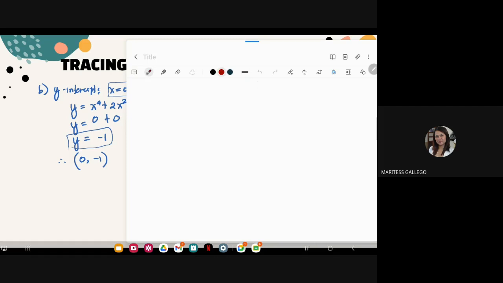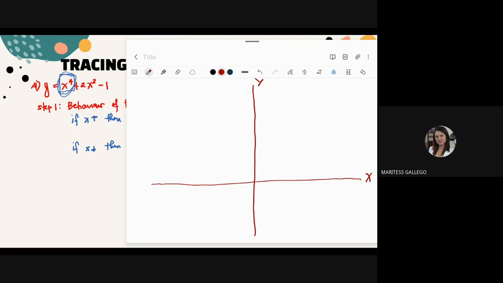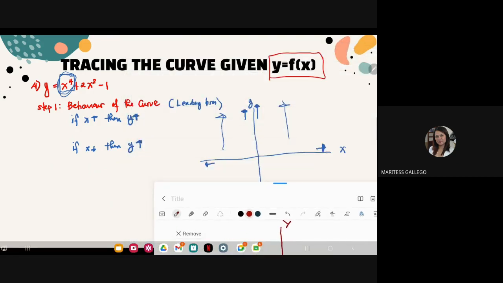So, we have your x and y axis. So, this is our x-axis and y-axis. From the behavior of the curve, kung maalala niyo yung behavior ng curve natin, nasaan lang natin makikita yung ating graph? Most of it is the first and fourth quadrant.